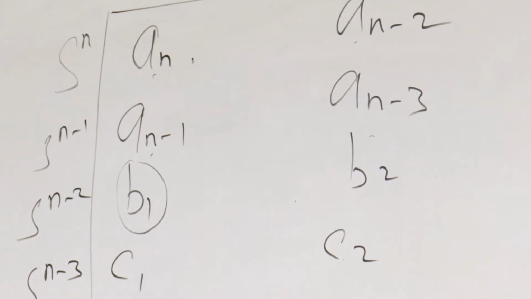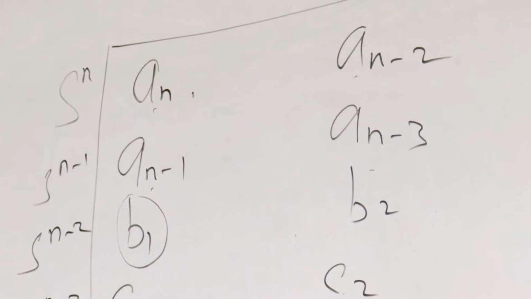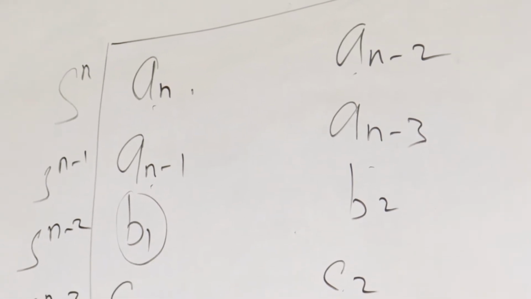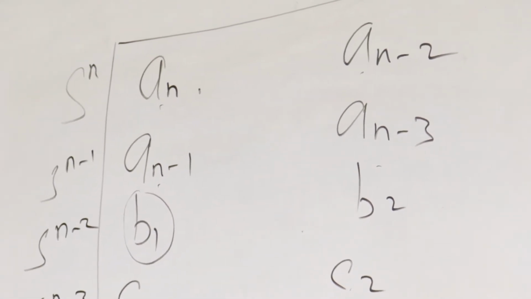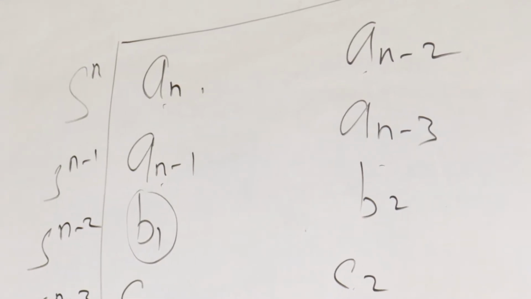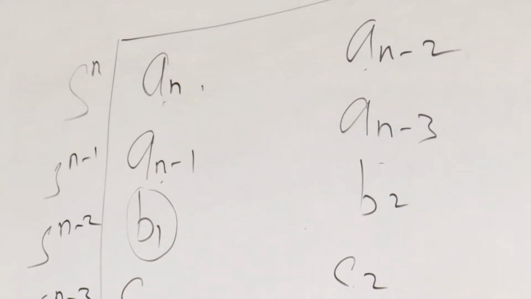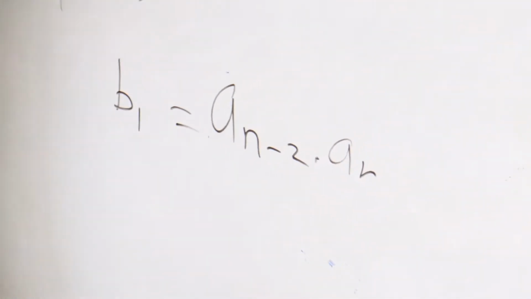Is that okay? So in that case, we are going to have a_{n-1} times a_{n-2} minus a_n times a_{n-3}, over a_{n-1}. So this times that.